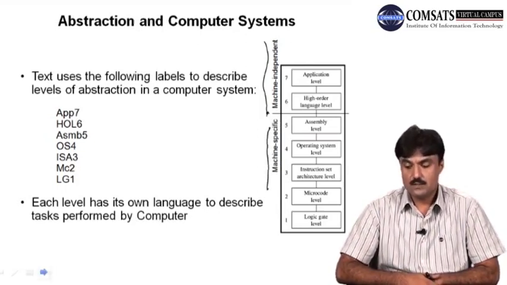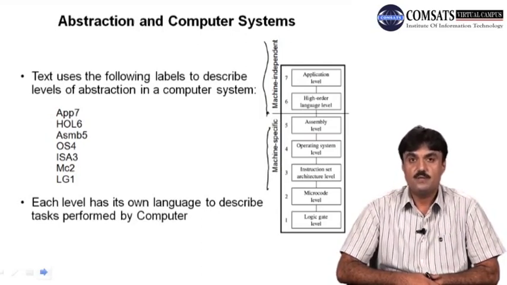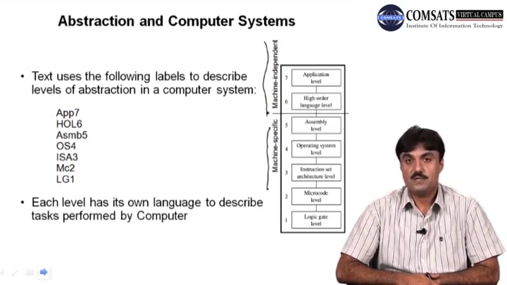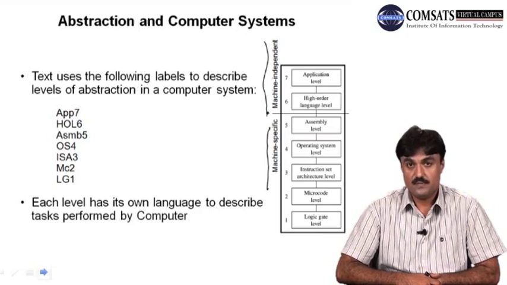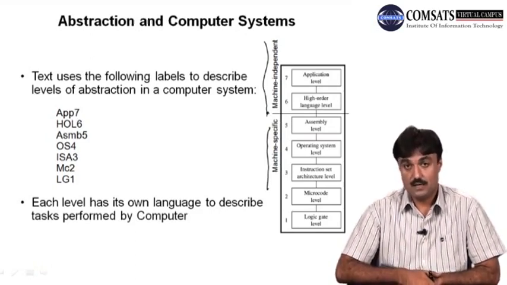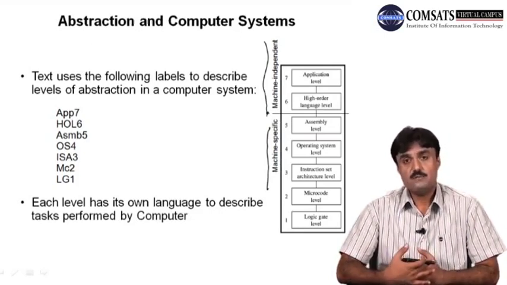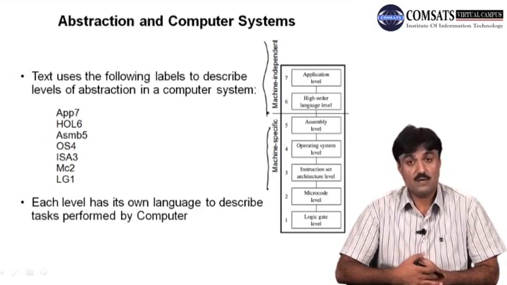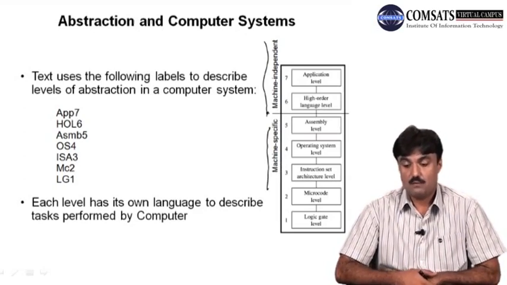So all the tasks performed from level number 1 to level number 5 are machine specific, and the tasks performed at level number 6 and higher levels are machine independent, as we have seen in the previous slides in the programmer's view of the computer. Some levels are machine independent, and at some levels the tasks are machine specific.